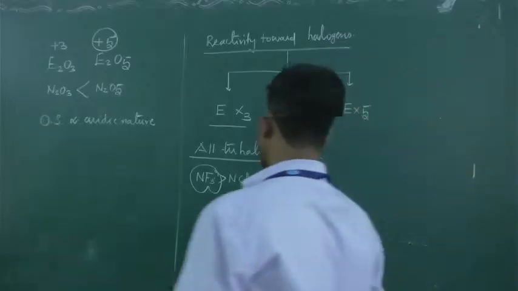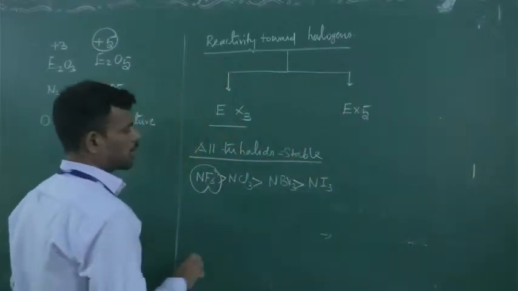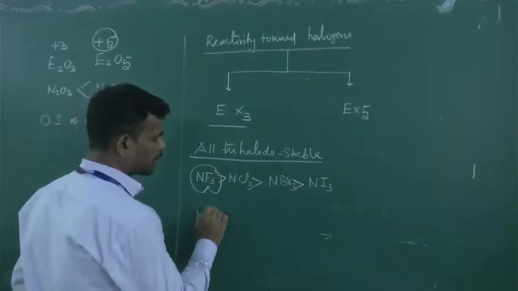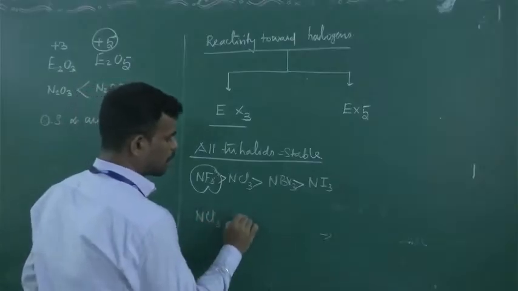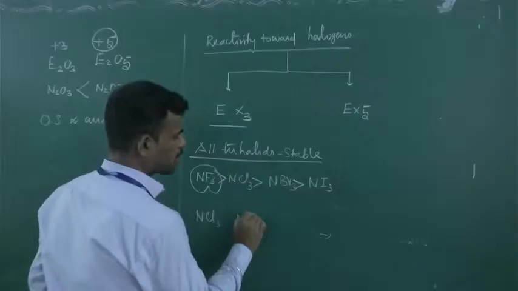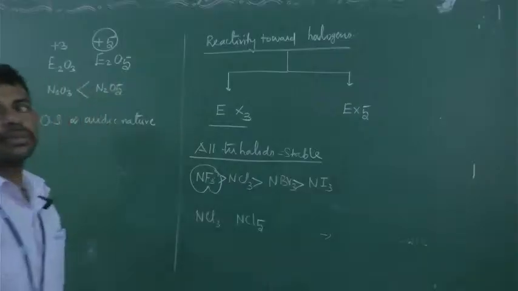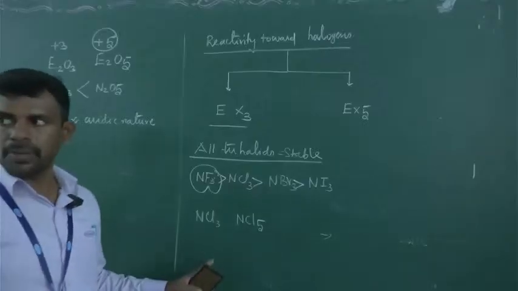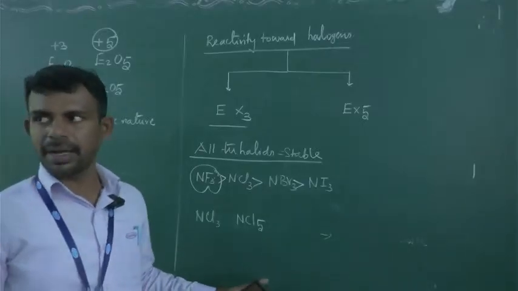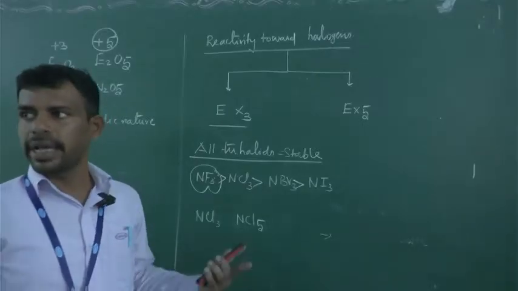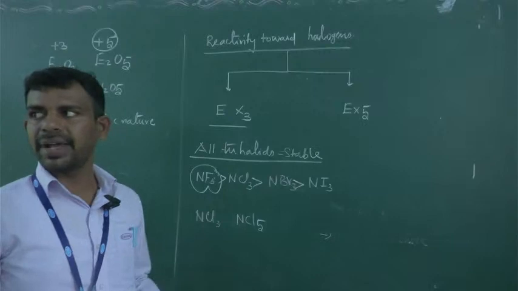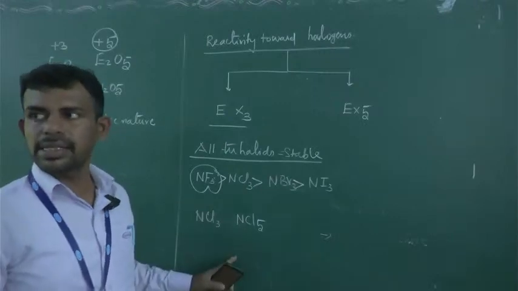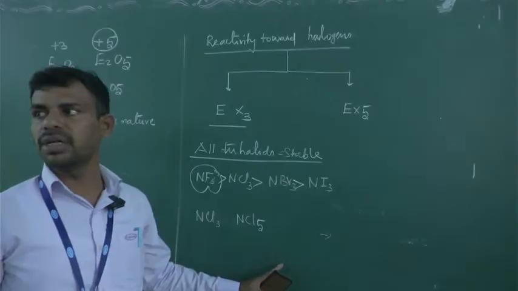Next, for example, take NCl3 and NCl5. Among these, NCl3 exists whereas NCl5 does not exist.